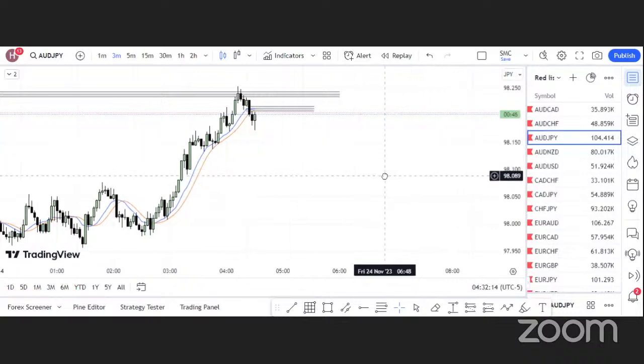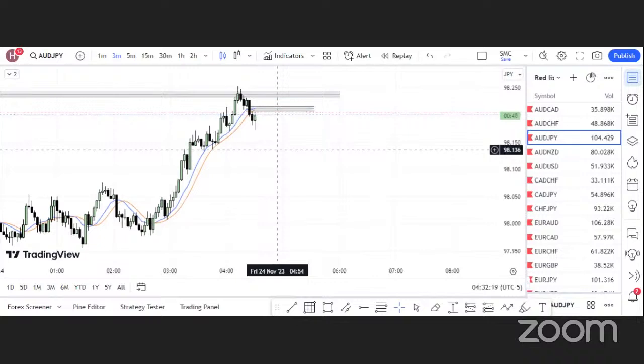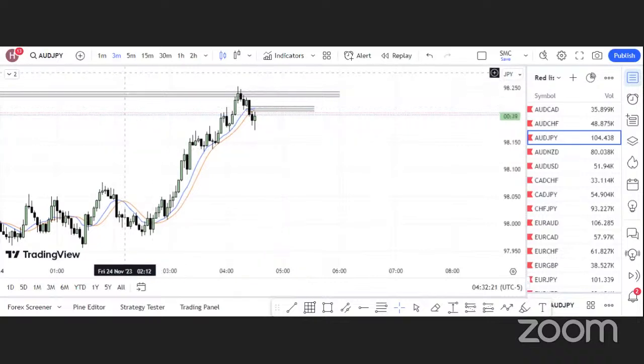Okay, so the market is currently at the zone, as I had thought. Let's see if we get a rejection. Once we get the rejection, we are going to start selling immediately.